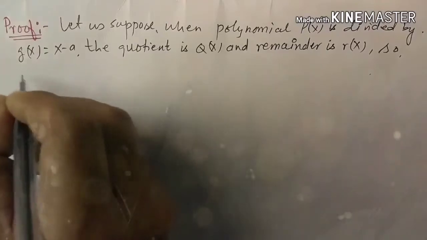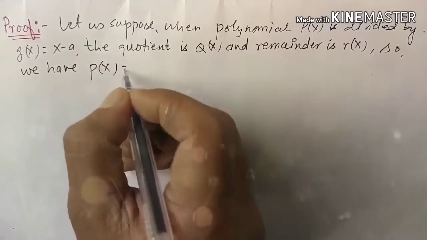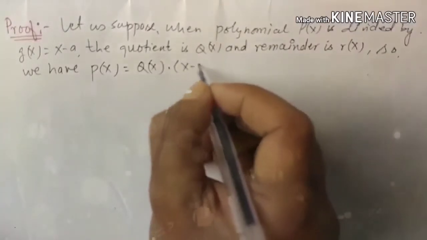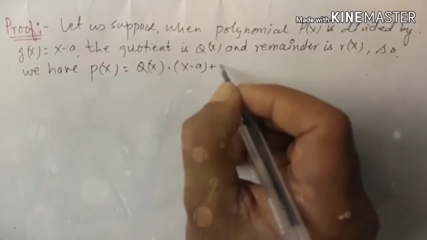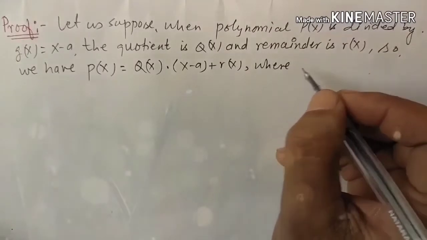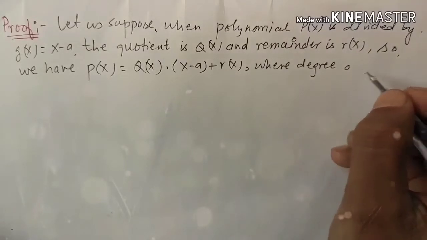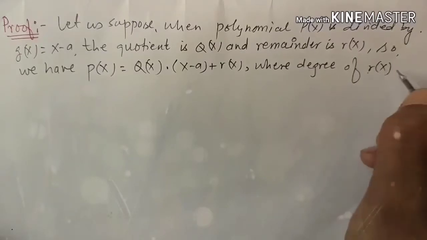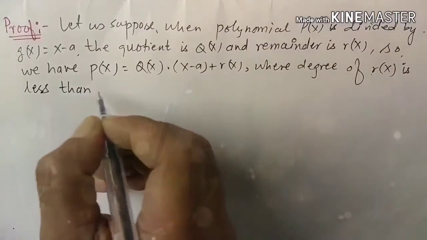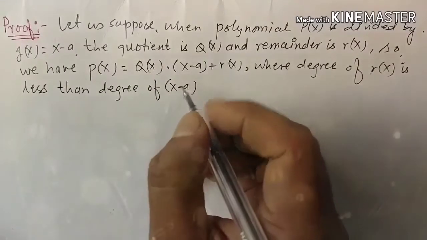So we have P(x) is equal to q(x) times (x minus a) plus r(x), where degree of r(x) is less than degree of x minus a.